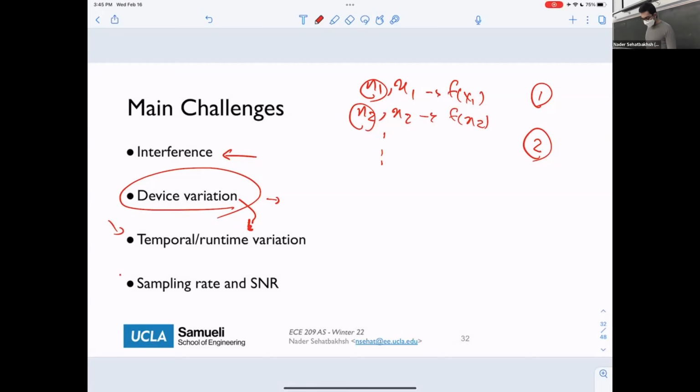And then obviously the sampling rate and SNR is a big problem because we are talking about measuring an analog event or analog activity. Of course, if we are closer to the source, we can get a much higher SNR and better quality signal. As we move further away, we are getting lower and lower quality signal.